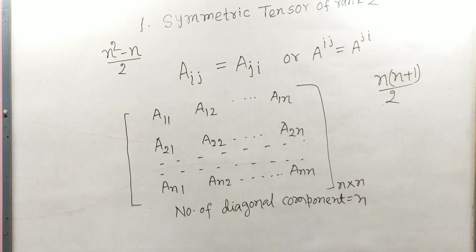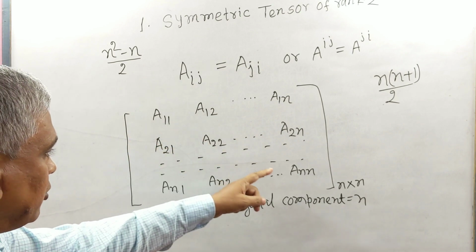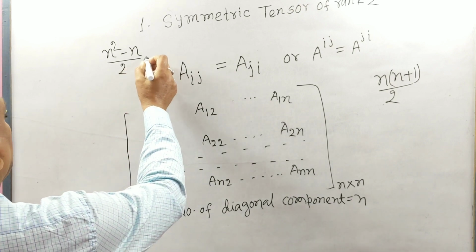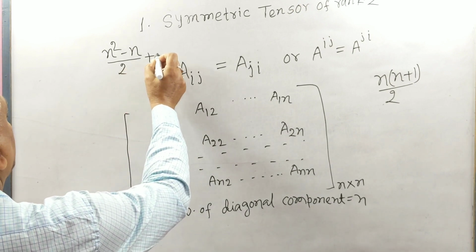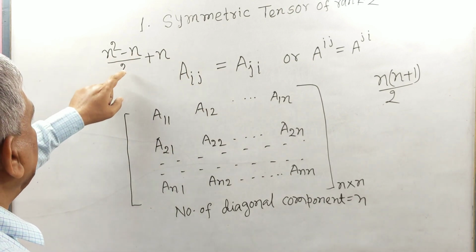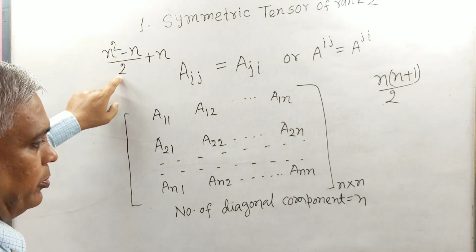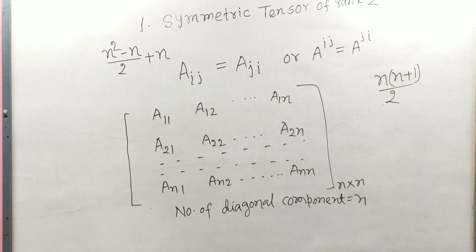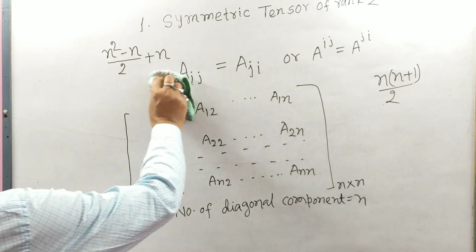Now we include the diagonal components. The number of diagonal components is n. So the total number of independent components will be n square minus n by 2, the non-diagonal components, plus n, the diagonal components.